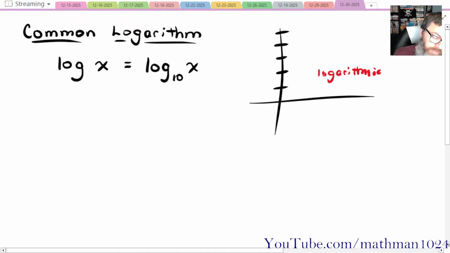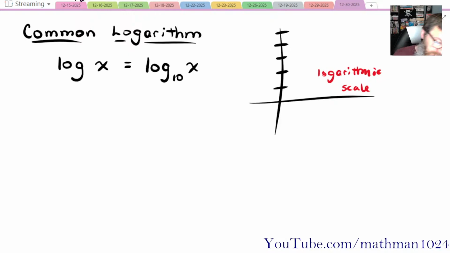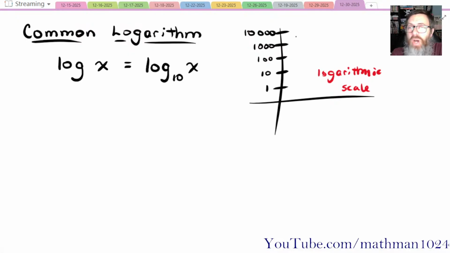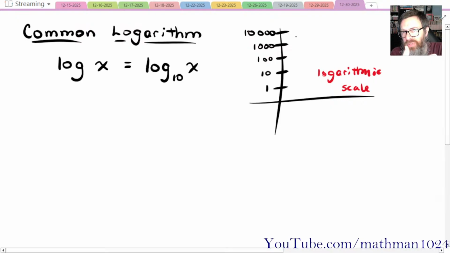Let's just pretend this is M. For a logarithmic scale, you would have 1, 10, 100, 1,000, 10,000, and so on. As you're going up this scale, each successive tick mark in the Y is measuring another power of 10. So it goes from 1 to 10 to 100, 1,000, 10,000.